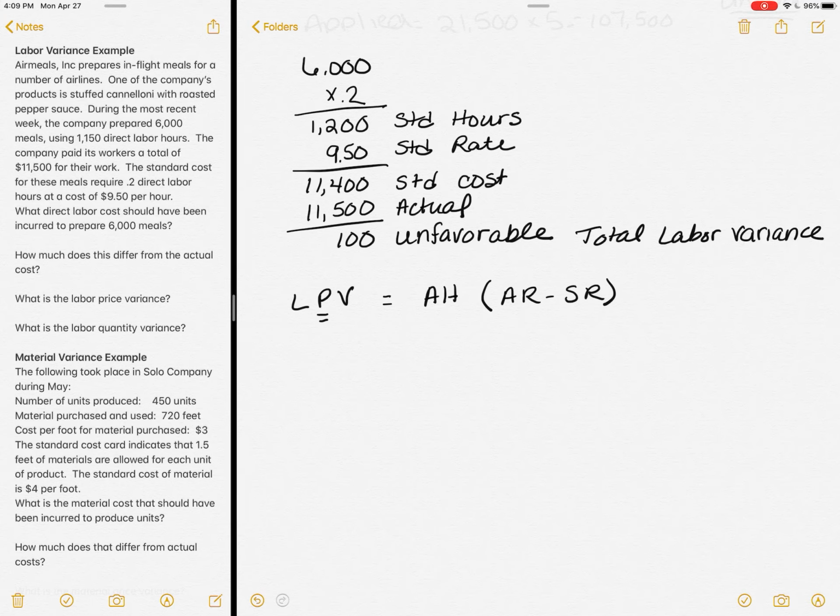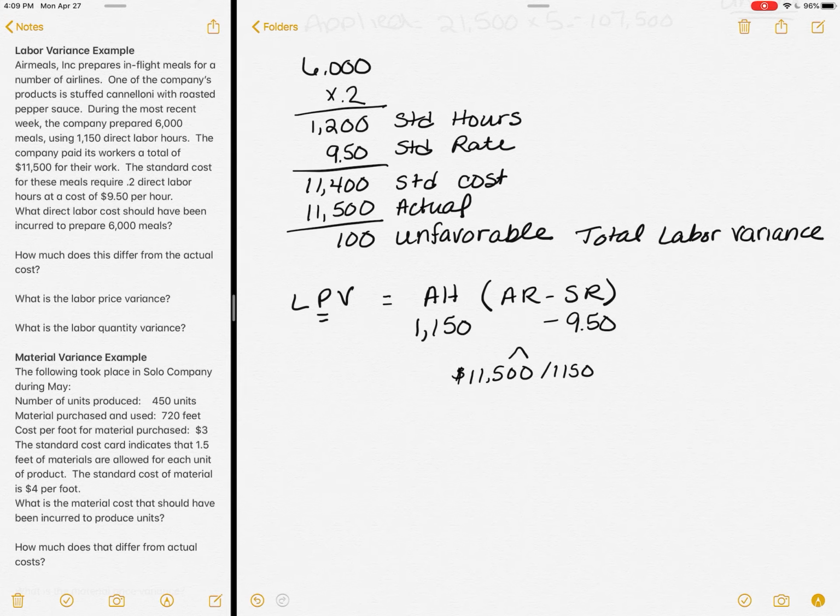Now all of this information has been given to me. My actual hours, if I look through the problem, was 1,150. My standard rate, I have right up there, $9.50. Now I have to figure out what my actual rate is. They told me the total cost was 11,500 and that I used 1,150 hours.